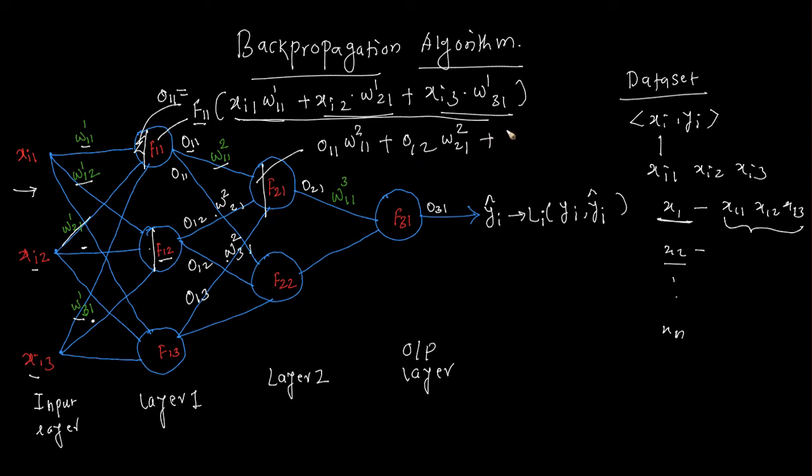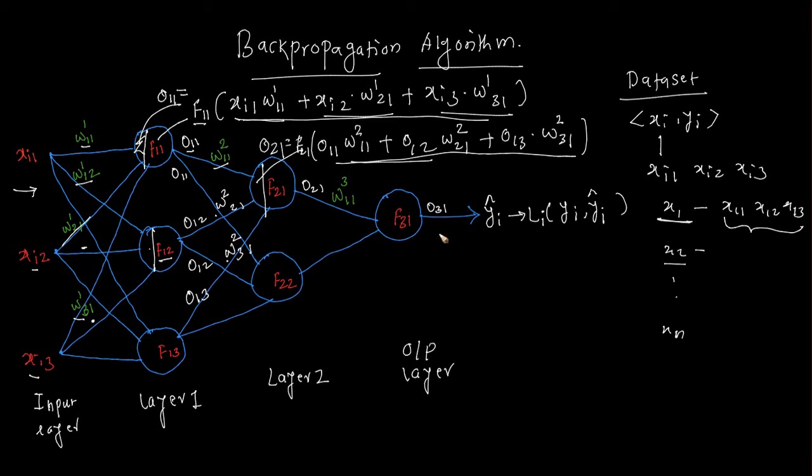So O13 into W231, and on that sum we apply this function f21 and we get the output O21. That's how we get the outputs of these neurons.